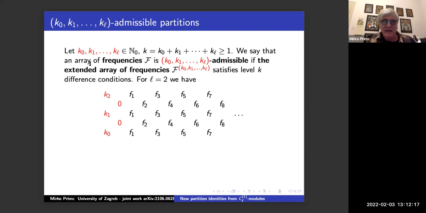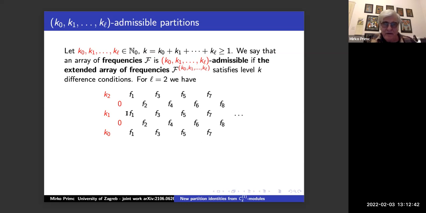And then we shall say that an array of frequencies black F, this is what is written here in black, is K0 to KL admissible if the extended array of frequencies F with upper K0 to KL in red satisfies level K difference conditions.